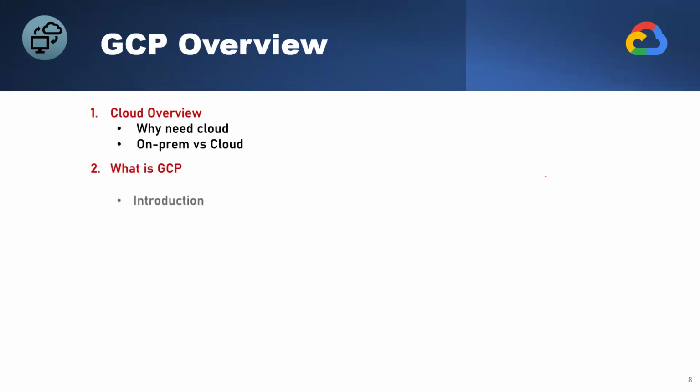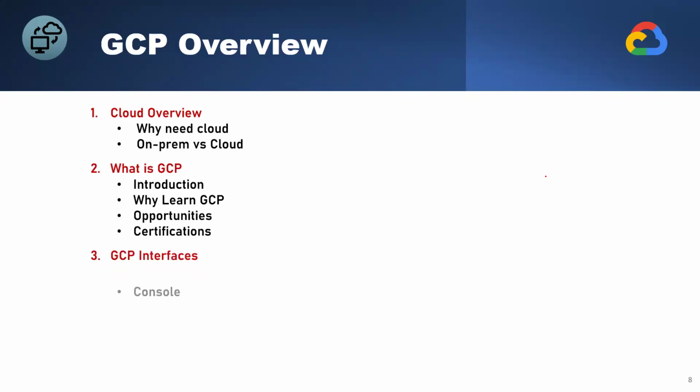Yes. Okay. So I'm going to talk about the curriculum, guys, that we are going to discuss. In detail, we are going to cover these topics. That is cloud overview. We are going to start, maybe from tomorrow onwards, with why we need the cloud platform, on-premises versus cloud, and what is GCP, introduction, why we learn GCP, and the opportunities and certifications.